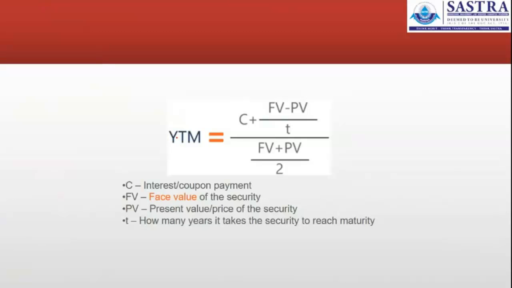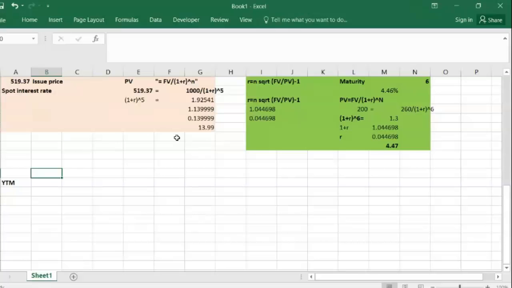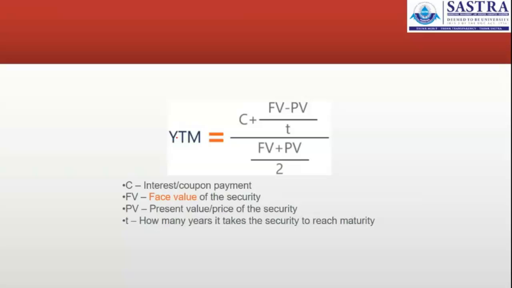The important variables you need to know: the face value of the instrument, which you can take as 100 rupees. The market price, otherwise called the present value or the value of the security, is what it is presently selling for in the market. You can take it as 80 rupees.